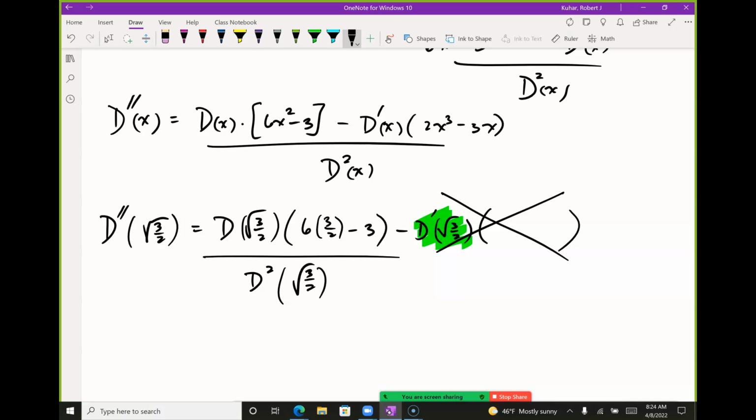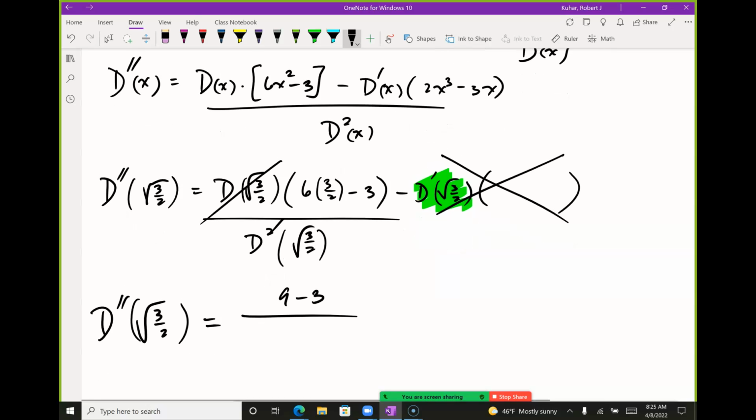So look at what happens. D double prime of the square root of 3/2, one of those cancel, right? So upstairs I get 9 minus 3, and downstairs I get the distance, square root of 7/2. And all I care about is that that is positive, and it is.